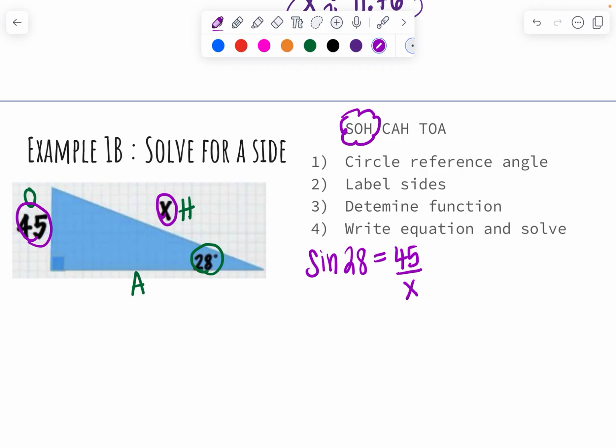This one takes a few more steps to get x by itself. First thing we need to do is get x out of the denominator. So I'm going to start by multiplying both sides by x. And then I get x times the sine of 28 equals 45. So to get x by itself, I'm going to divide by the sine of 28.